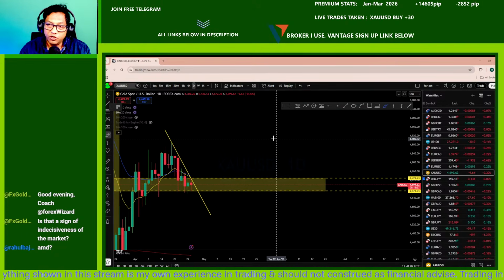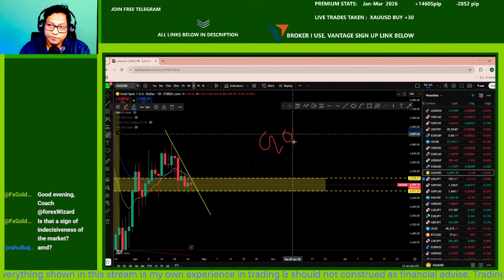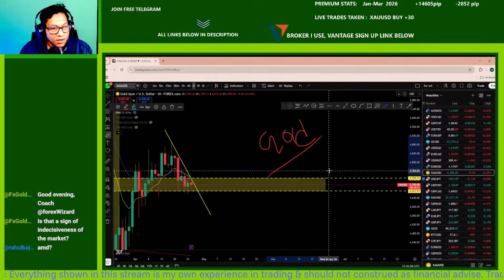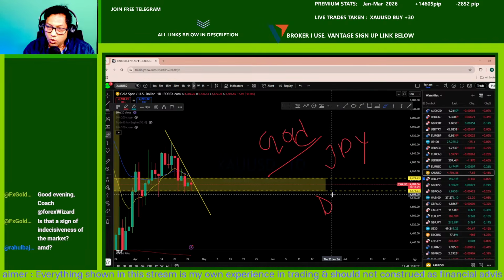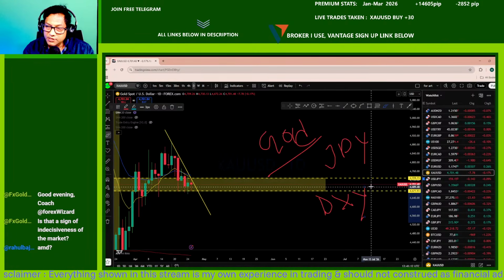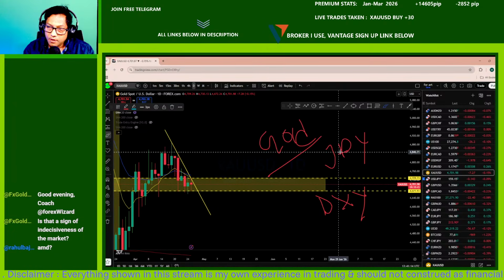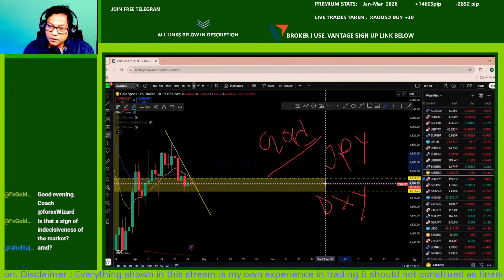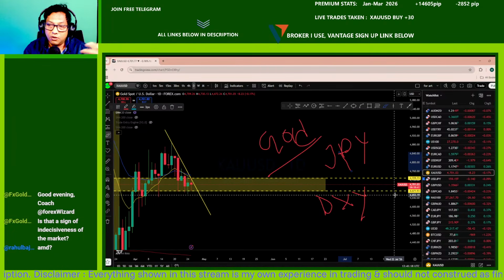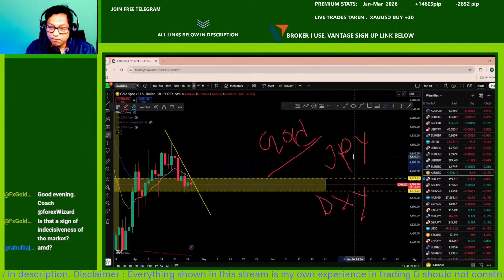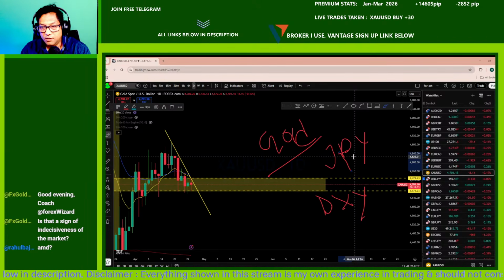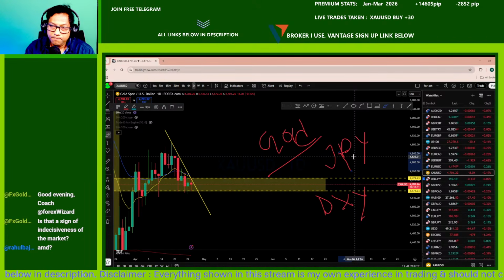Now you need to know what are safe havens, what currencies or instruments are considered the safe havens, right? For example, gold, JPY, DXY, that means dollar index. Mainly these three instruments are considered safe haven. There are some more, but mostly these are it so far.